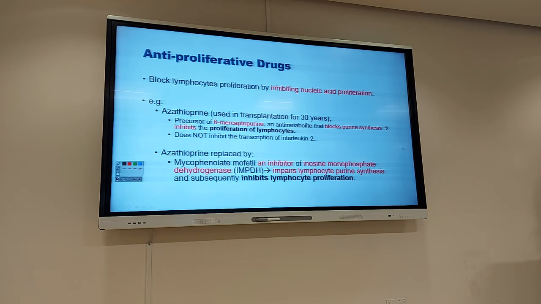So it's a precursor of 6-mercaptopurine, an anti-metabolite that blocks purine synthesis and inhibits the proliferation of lymphocytes. Keep that in mind.